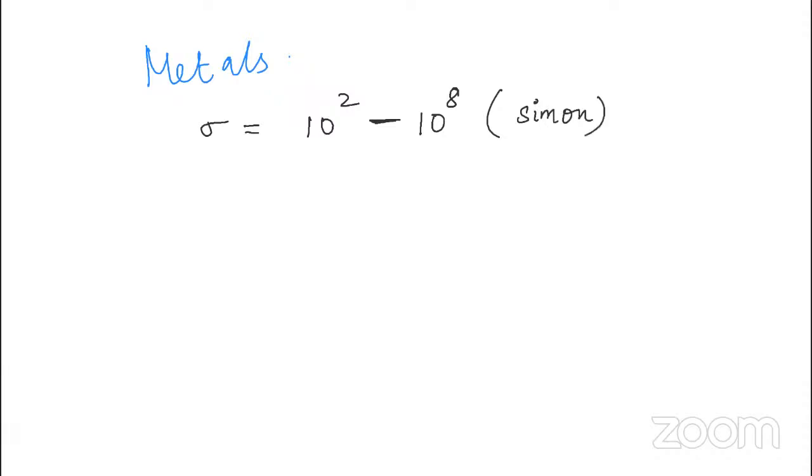Now the conductivity values for metals. Sigma is equal to 10 power 2 to 10 power 8, and this should be mentioned with a unit, that is Siemens per meter, Siemens meter power minus 1.